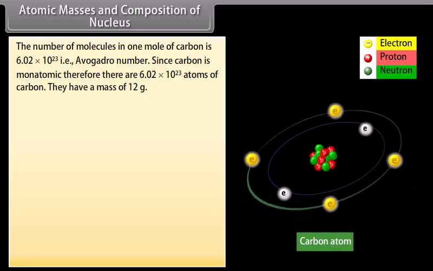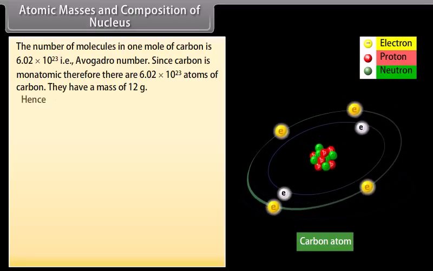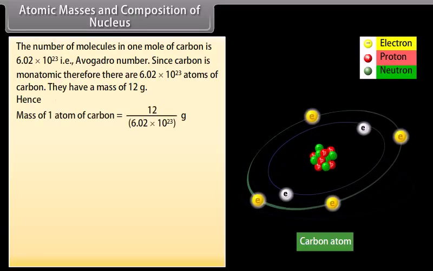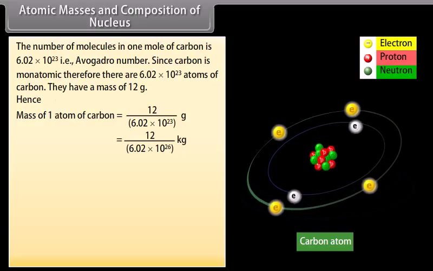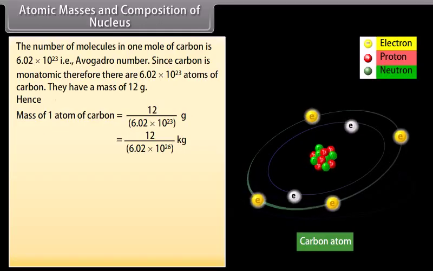They have a mass of 12 gram. Hence, mass of one atom of carbon is equal to 12 by 6.02 × 10^23 gram, which is equal to 12 by 6.02 × 10^26 kilogram.